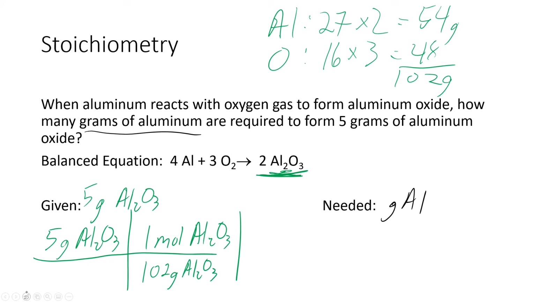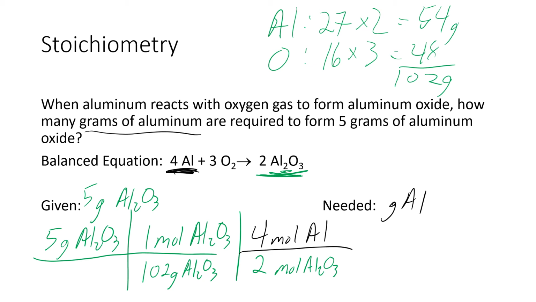Now, what we're going to do is use this balanced equation, and this balanced equation is going to get us out of that green and into the black that we need, the aluminum. So we need to go from moles of aluminum oxide, and that is a 2 from the balanced equation, and we're going to go to moles of aluminum, and that's a 4 from the balanced equation.